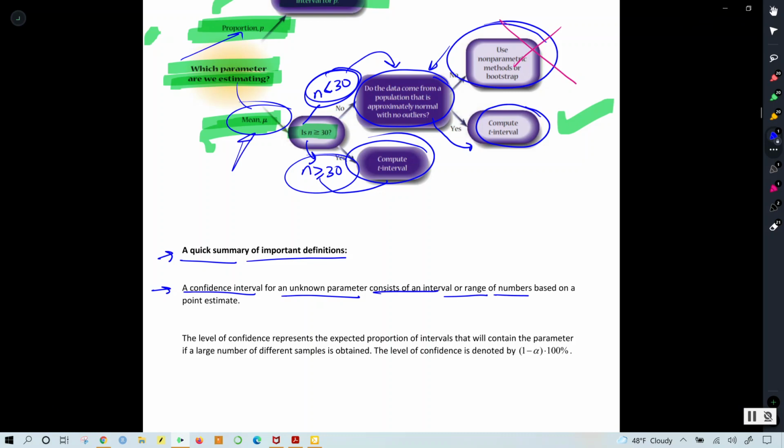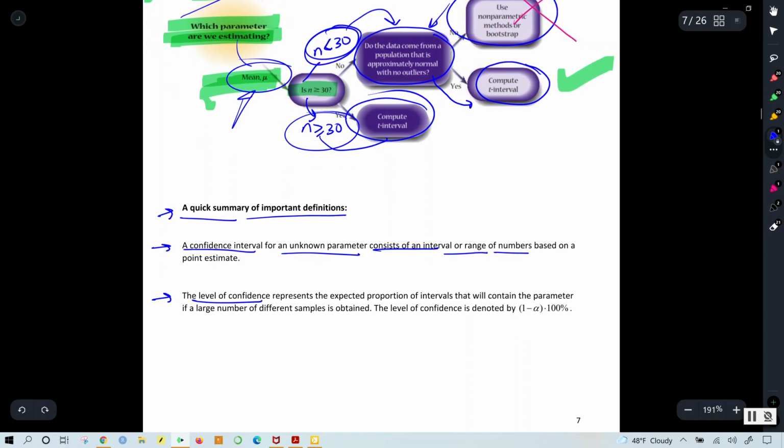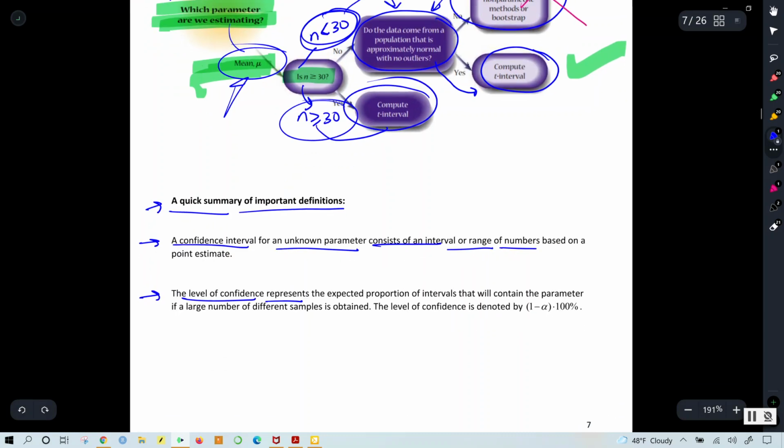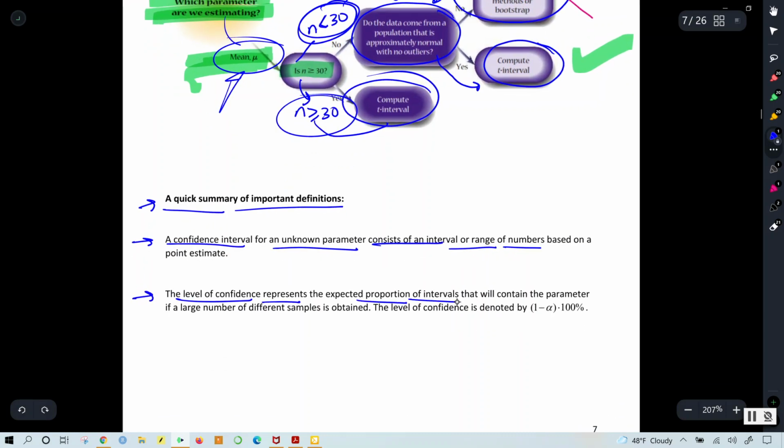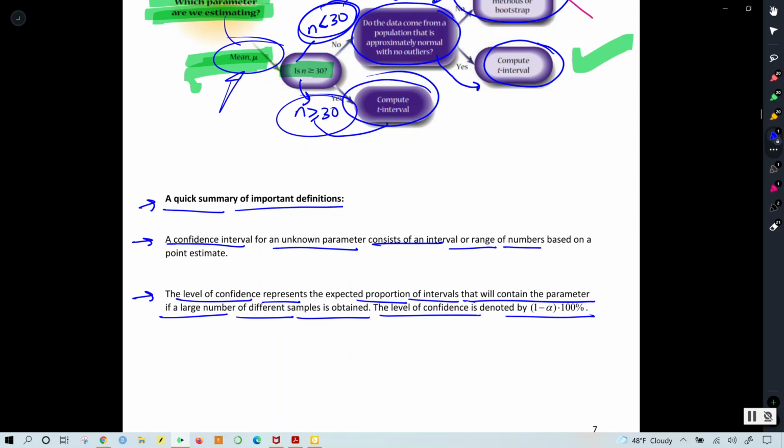The level of confidence represents the expected fraction or proportion of intervals that will contain the unknown value of the population parameter if a large number of different samples is obtained. That level of confidence is mathematically denoted by (1 - α) multiplied by 100%.